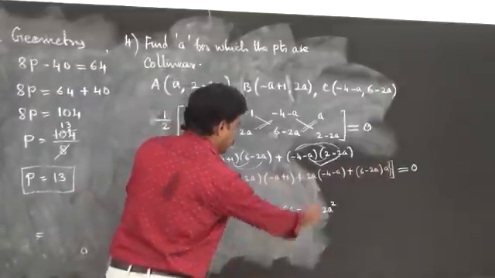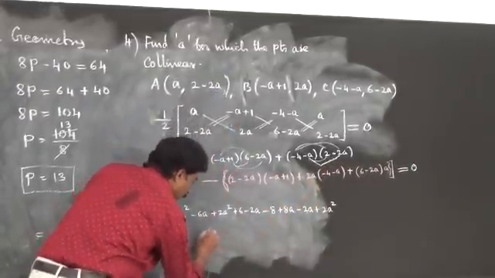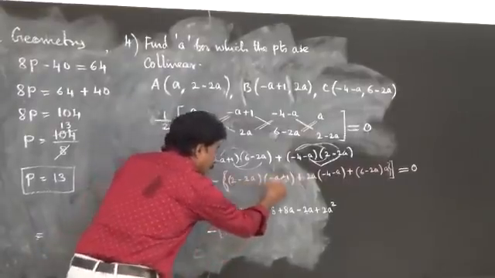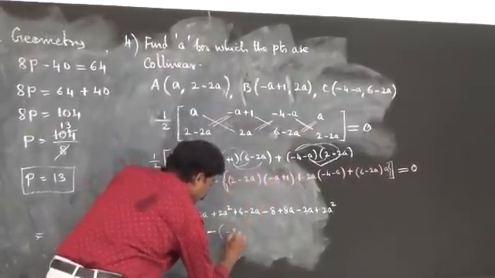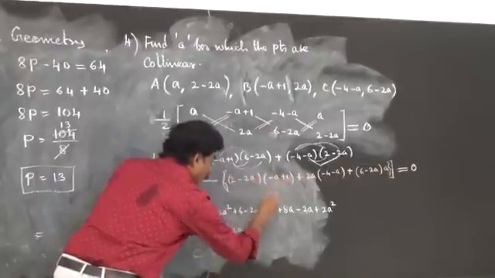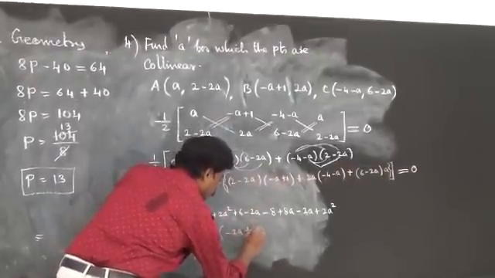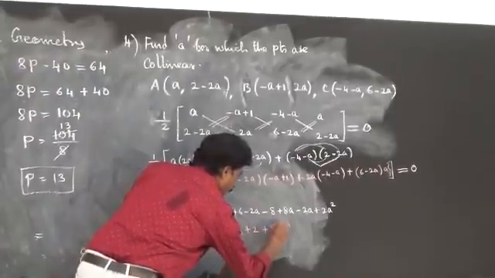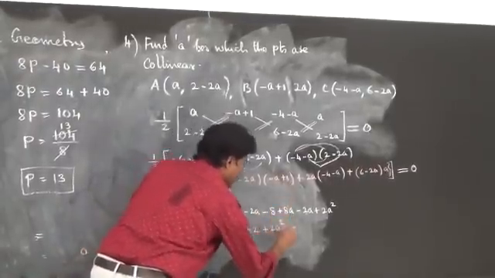Minus, I'll continue here, minus: 2 into minus 2a is minus 2a, 2 into 1 is plus 2, minus 2 into a is plus 2a square, minus 2 into 1 is minus 2a.